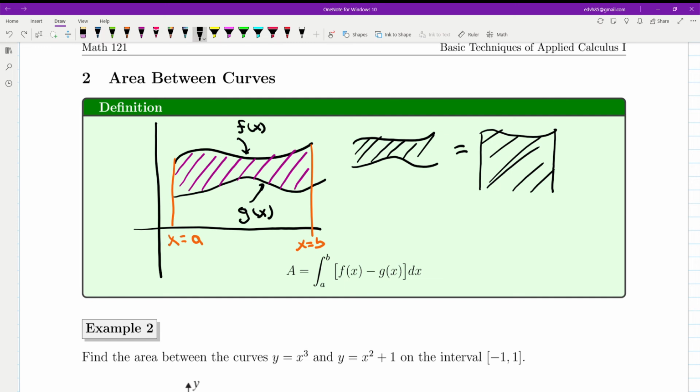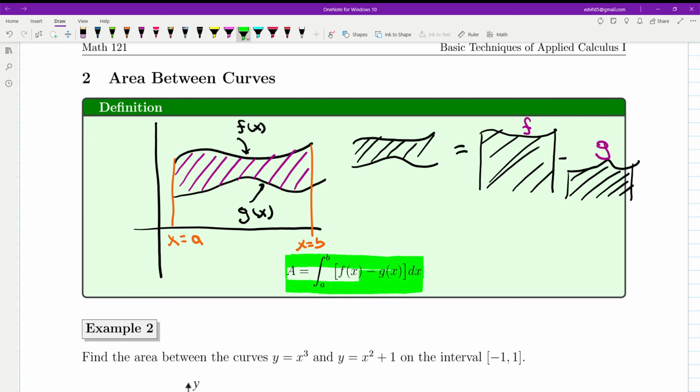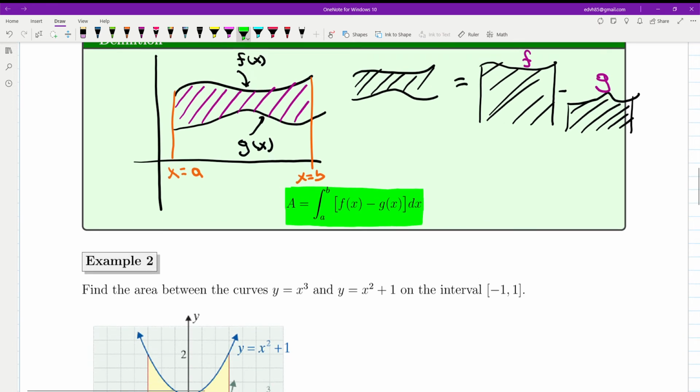All right, so minus this area right here. That's going to give us this area right here. And all we do is take the area under f minus the area under g, and this is where our formula to find the area between two curves is coming from. The area under the top function minus the area under the bottom function.